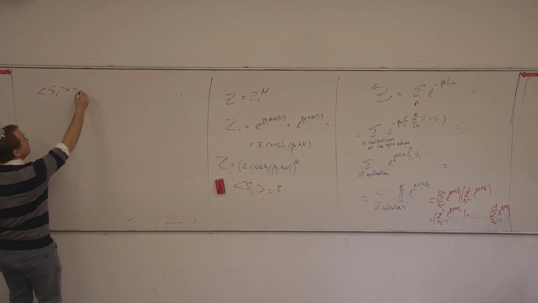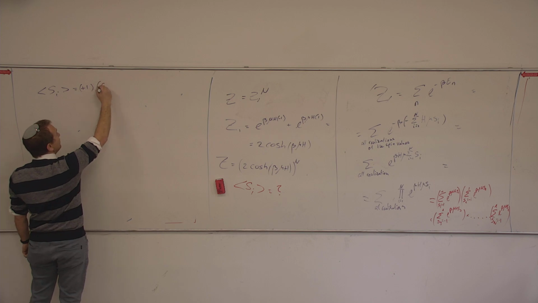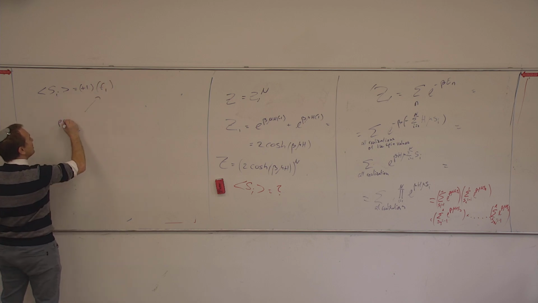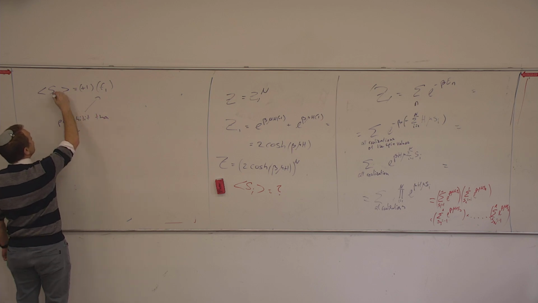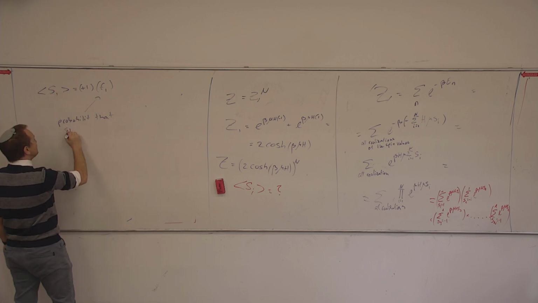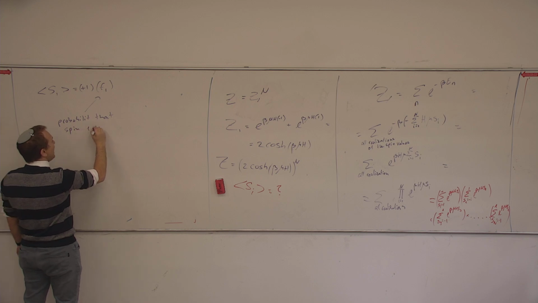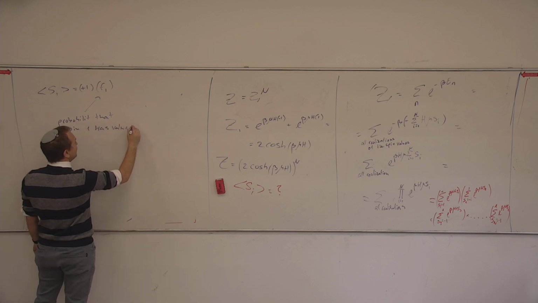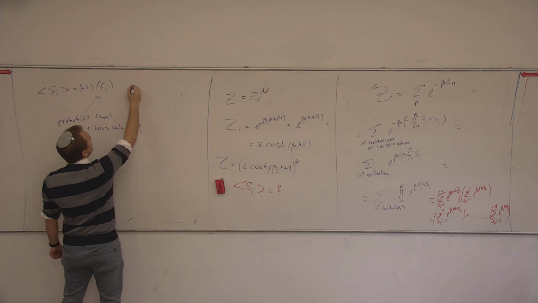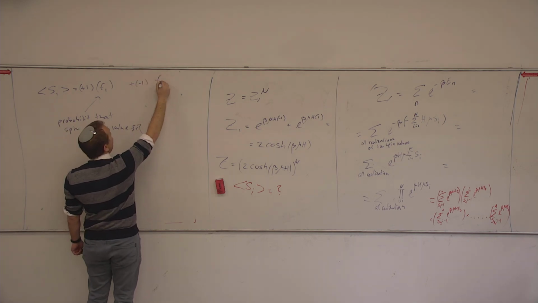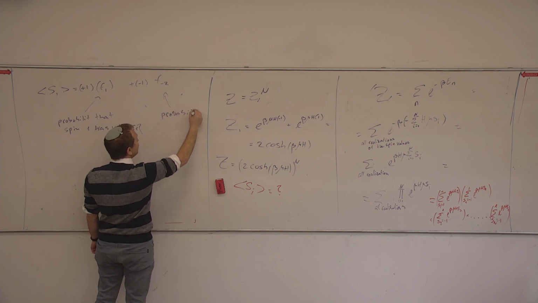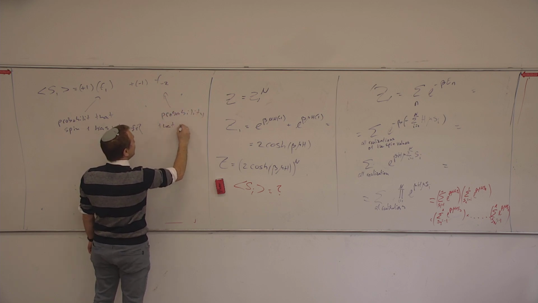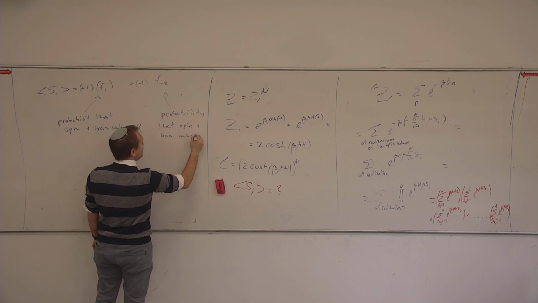It is plus 1 multiplied by F1, the probability that spin 1 has value 1, plus minus 1 multiplied by F minus 1, the probability that spin 1 has value minus 1.